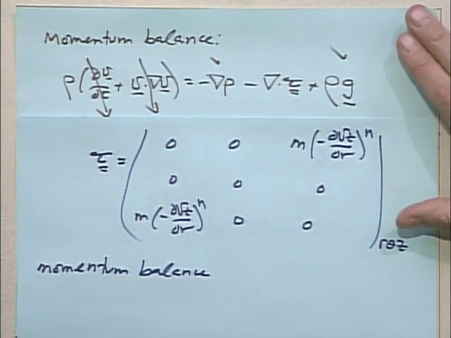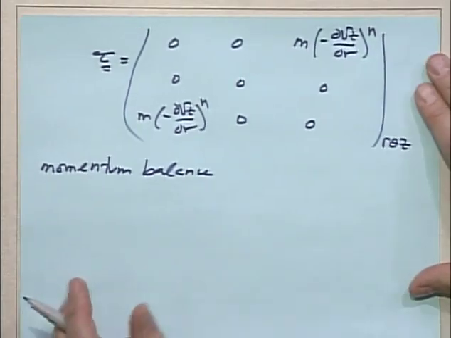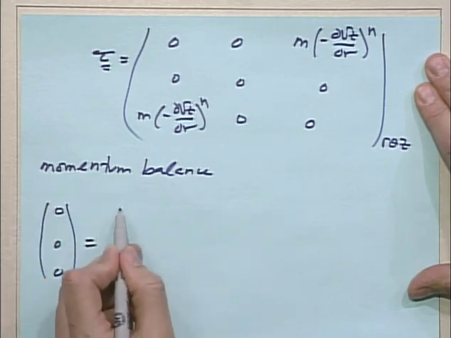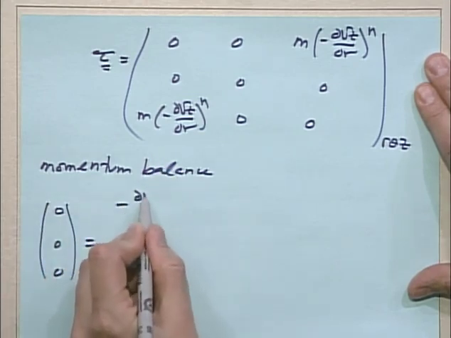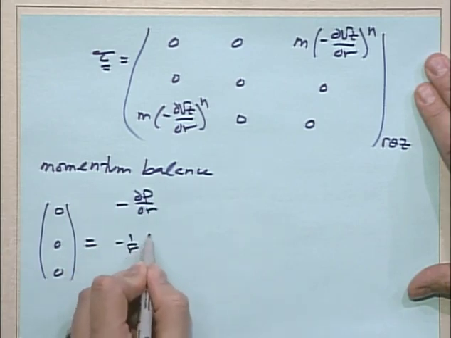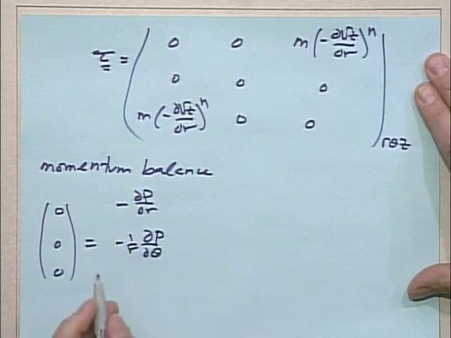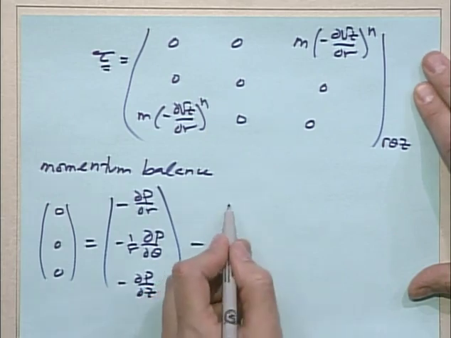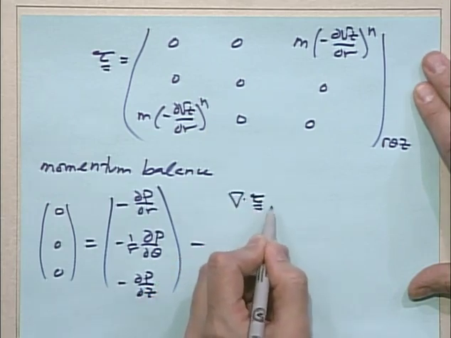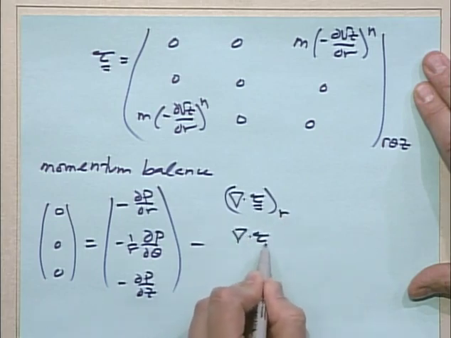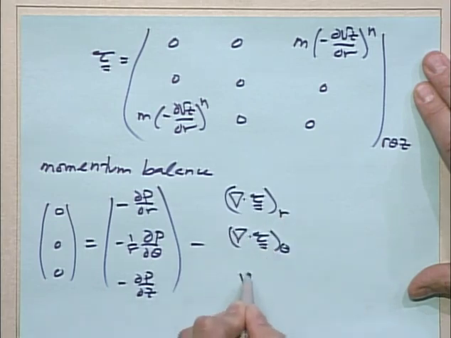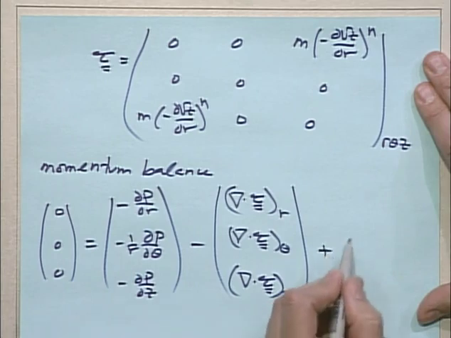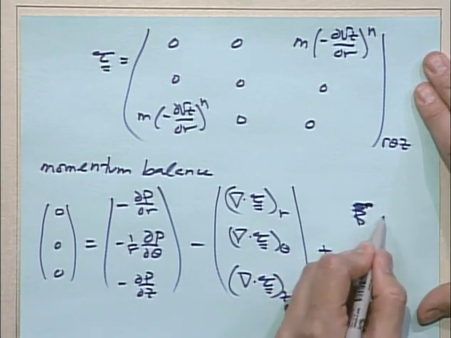It's going to be a little crowded, so let me write it like this for starters. 0 on the left-hand side equals minus dp dr, minus 1 over r dp d theta, minus dp dz, minus del dot tau, the r component, del dot tau, the theta component, del dot tau, the z component, plus rho g, which is 0, 0, rho g.